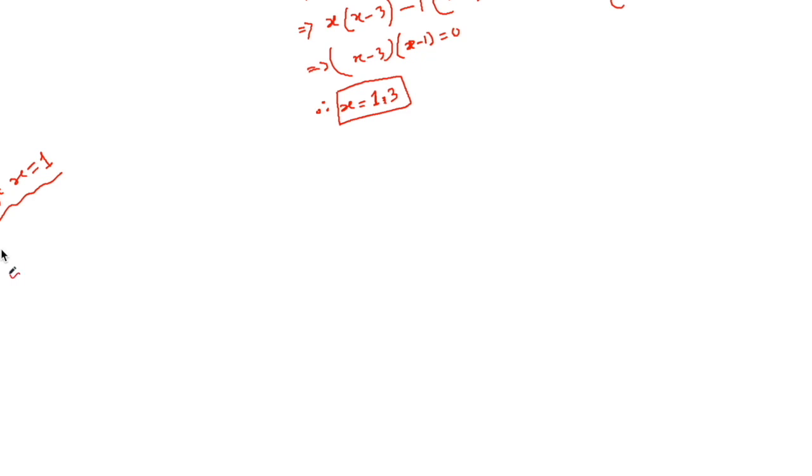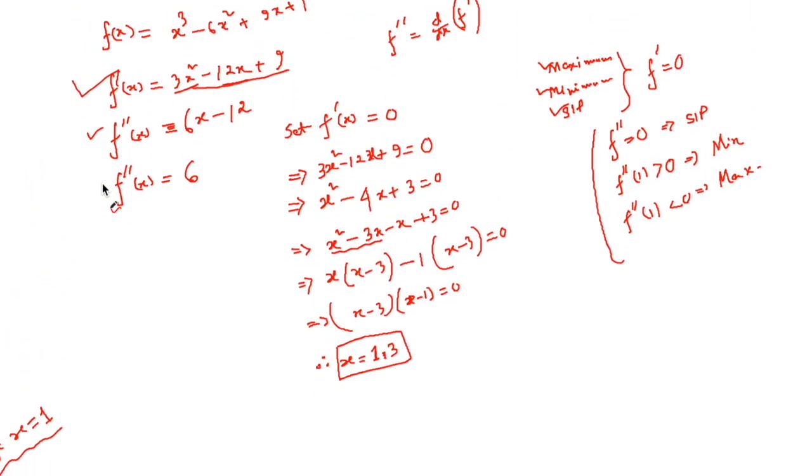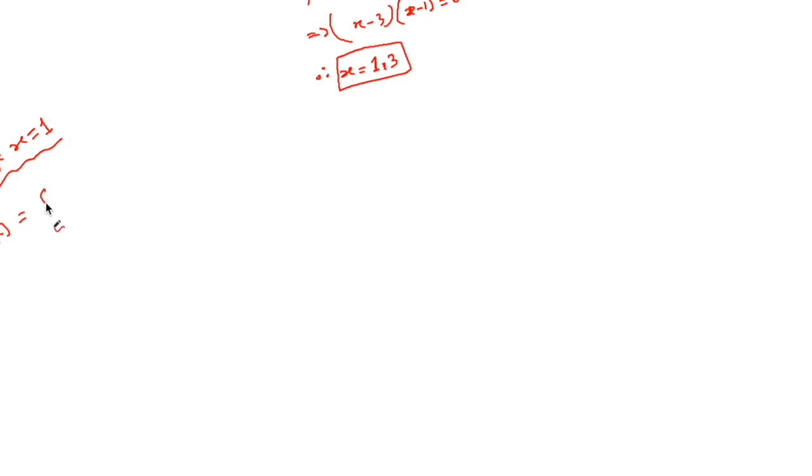At x equal to 1, second derivative of x we already calculate here, which is 6x minus 12. Therefore second derivative at 1 is equal 6 into 1 minus 12, which is minus 6.